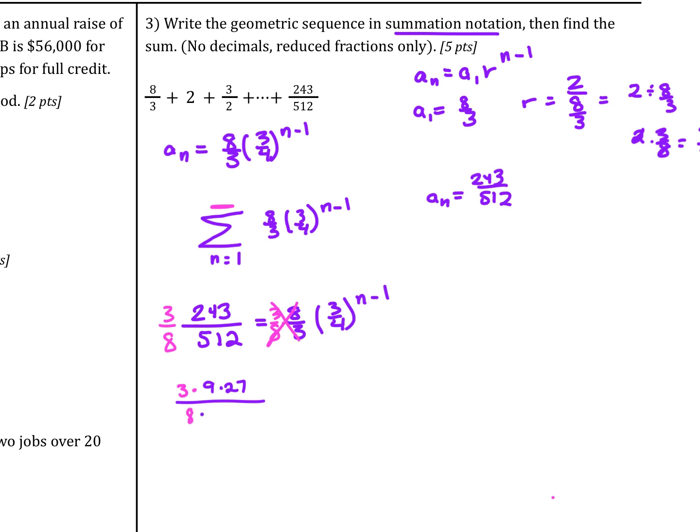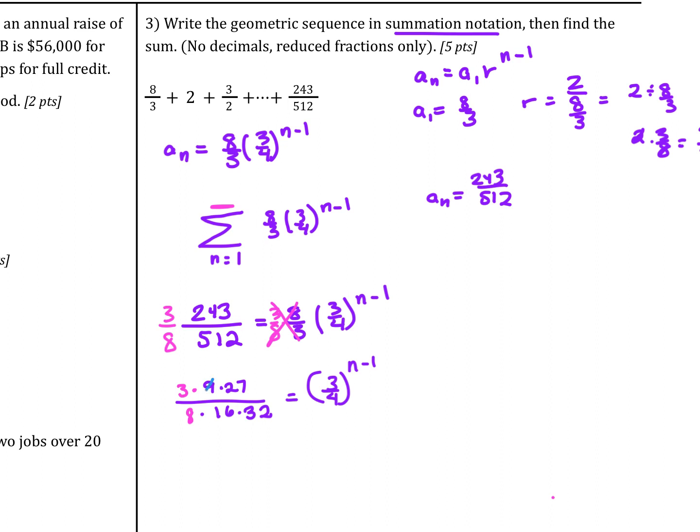So 512, I'm going to divide 16 into it. So I get 512 is 16 times 32. And then that equals 3 fourths to the n minus 1. Again, what I'm trying to do is get 3 over 4 on this left side and then just get it raised to some power. So I'm going to keep on continuing to break it down.